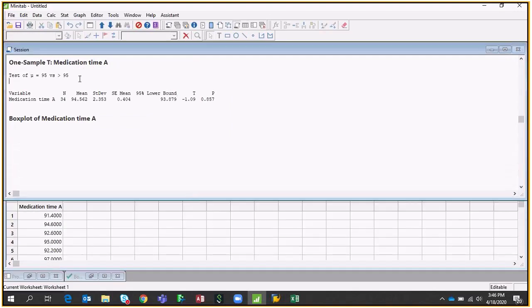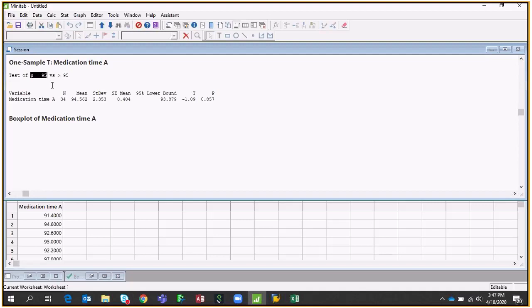In the one sample T-test output, you can see at the top there are two hypotheses, the null hypothesis and the alternate hypothesis. Our alternate hypothesis is that the mean, or the average of all these data points, is greater than 95. And the null hypothesis is that the mean is equal to 95.